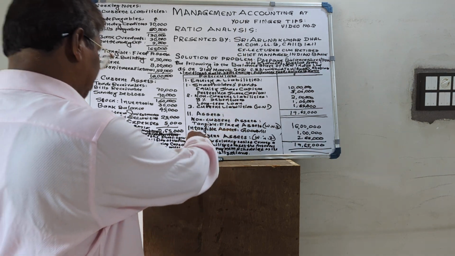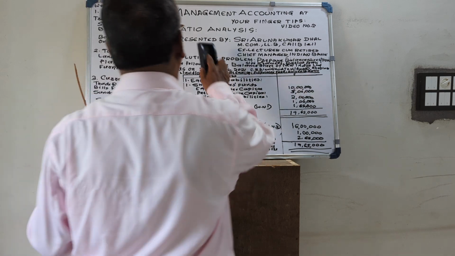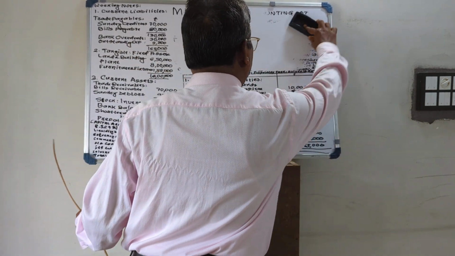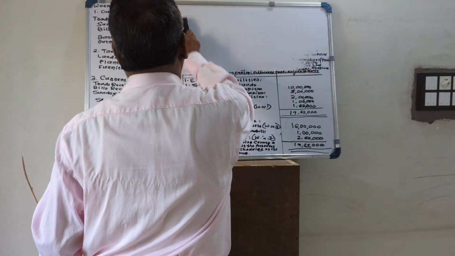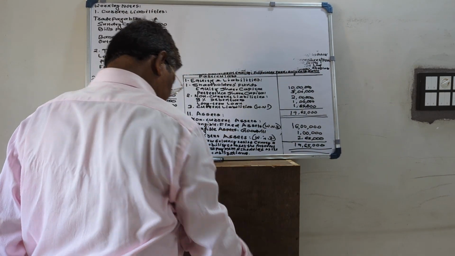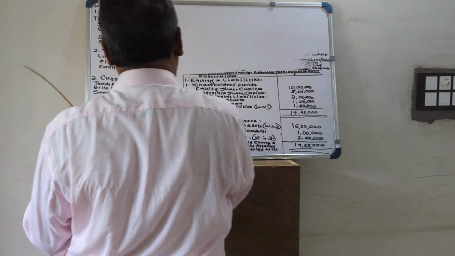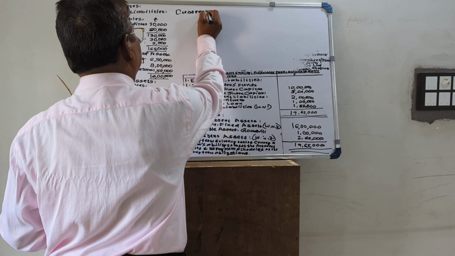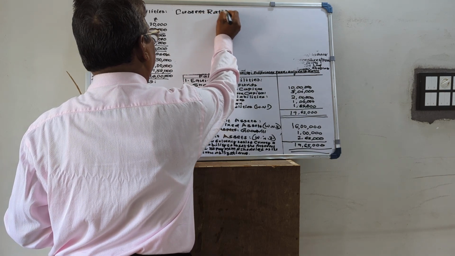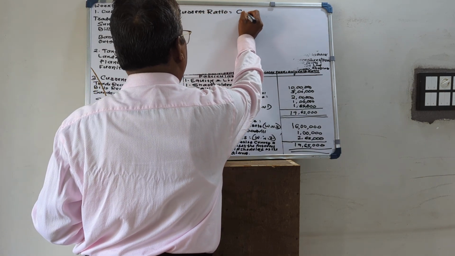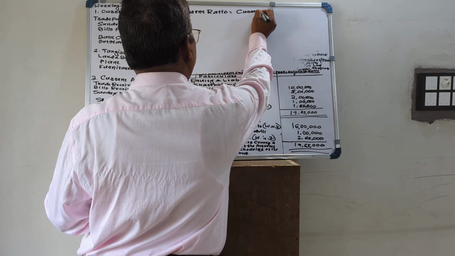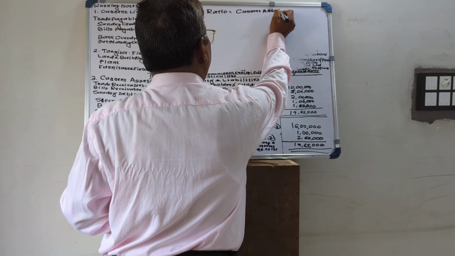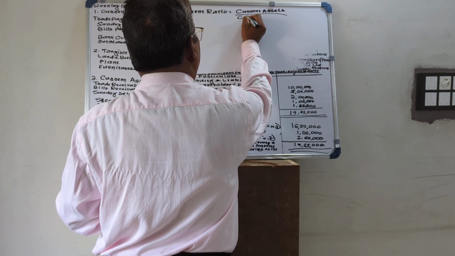First is the current ratio. All of you know the current ratio is the relationship between current assets and current liabilities. Current ratio is equal to current assets divided by current liabilities.